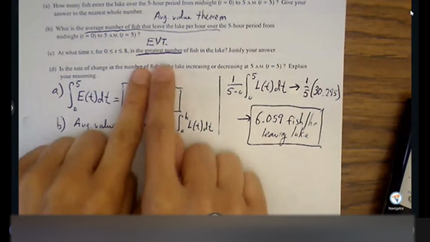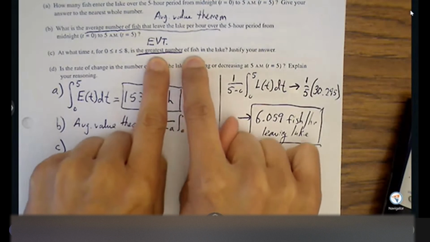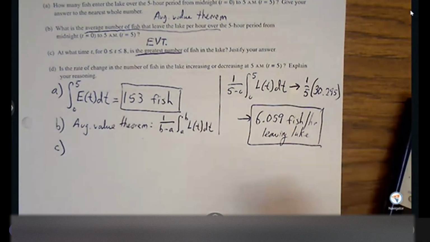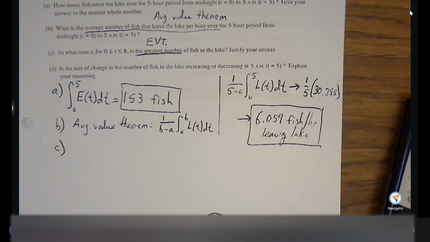But before we start all that, I want an equation that will tell me the number of fish at any moment in time. With these antiderivative problems, there's a formula that shows up a lot. If I want to find a total amount at any moment in time, there are 3 components: the initial, the amount added, and the amount removed. Taking all 3 into account, we can figure out the total amount at a specific moment in time.